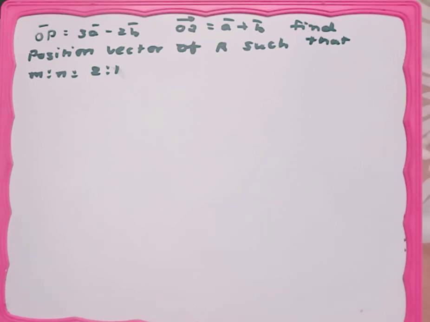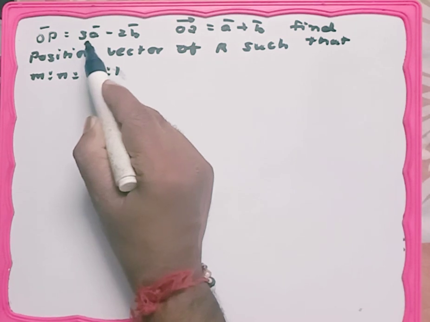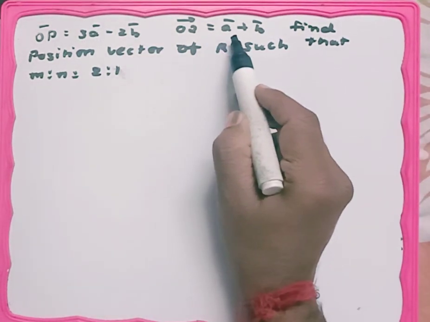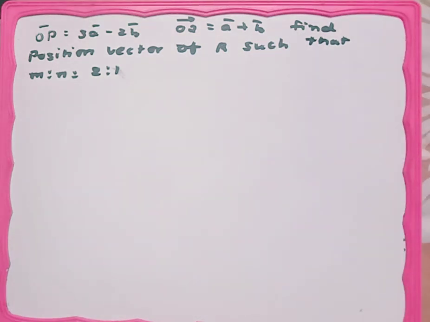Example 11, we consider 2 points P and Q. P's position vector is 3a bar minus 2b bar, and Q's position vector is a bar plus b bar. Then find the position vector of R such that it divides in the ratio 2:1 internally.